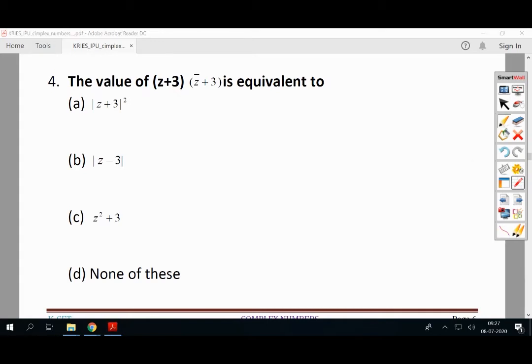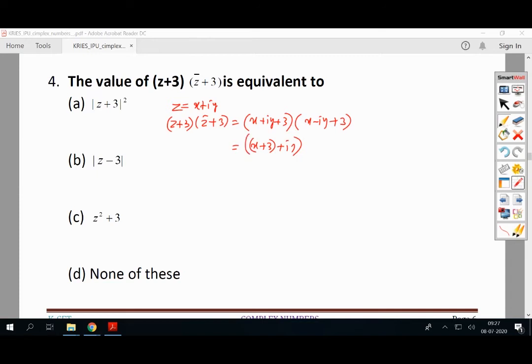So z plus 3 into z bar plus 3, when you multiply, x plus iy plus 3 into x minus iy plus 3 comes. So now I can write it as x plus 3 plus iy multiplied by x plus 3 minus iy. This is how you can combine these two.